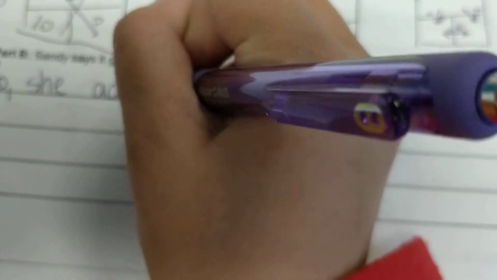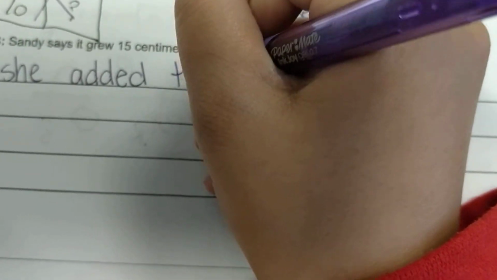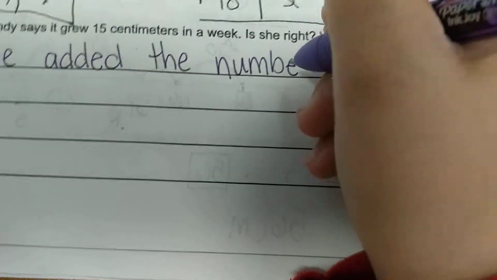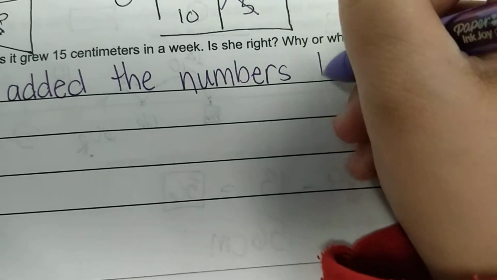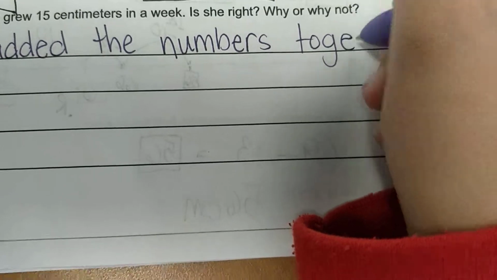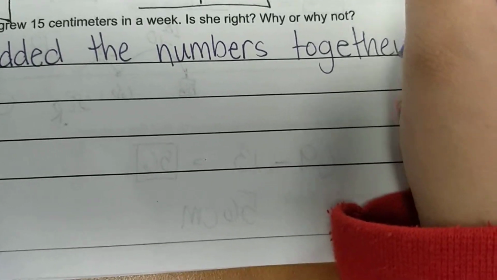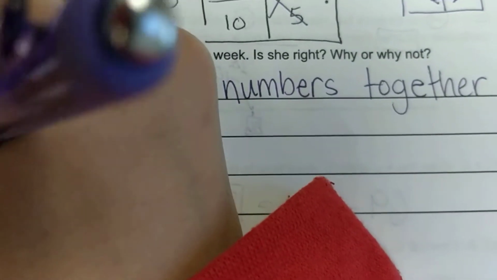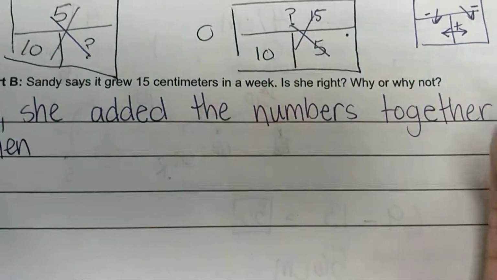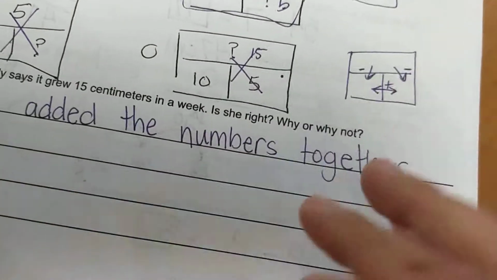She added the numbers, you could say the height, together. What was she supposed to do?